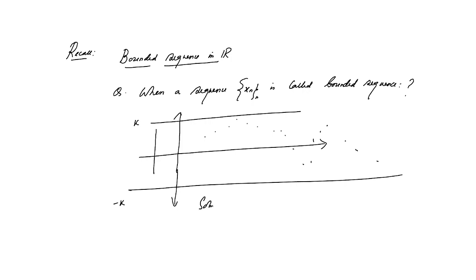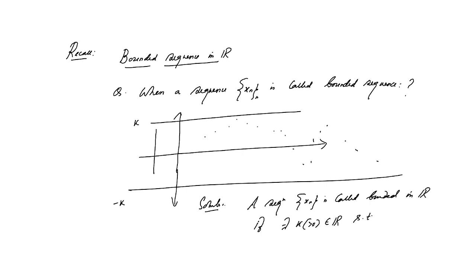So the solution is: a sequence xn is called bounded in R, a bounded sequence in R, if there exists a positive real number k belongs to R such that minus k less than or equal to xn less than or equal to k for all n belongs to natural number.